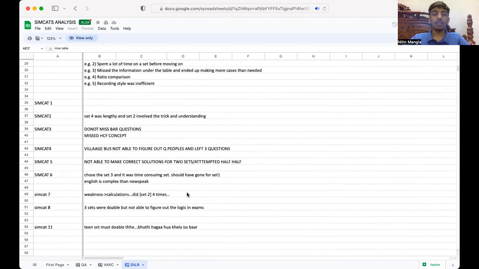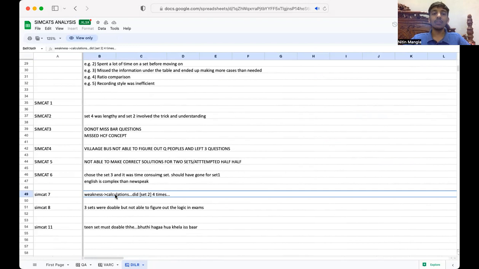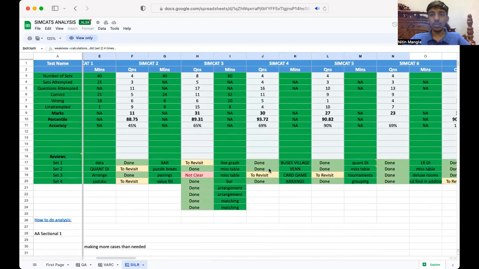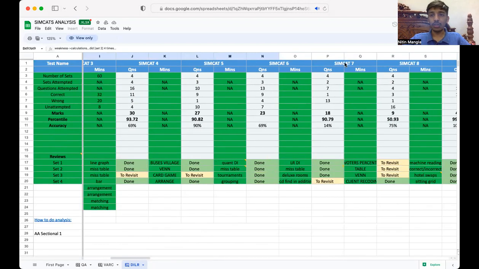And again I wrote which one it is. So you can see here SimCAT 7 weakness is calculation. I was very slow in my calculation, or I did wrong calculations. So I did set 2, basically the second set, 4 times. Let me show you. I am pretty sure about SimCAT 7, set number 2.